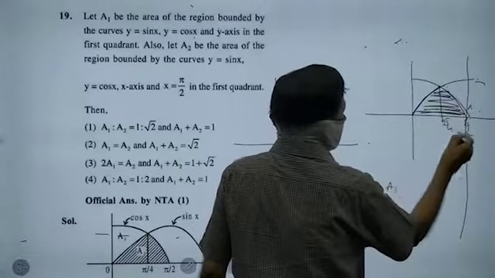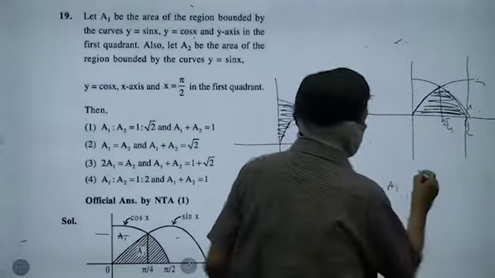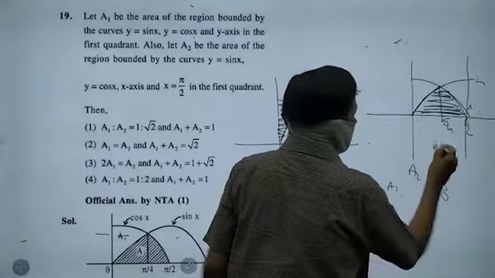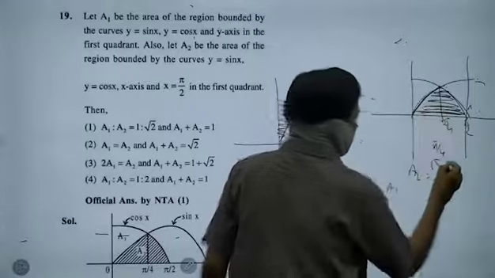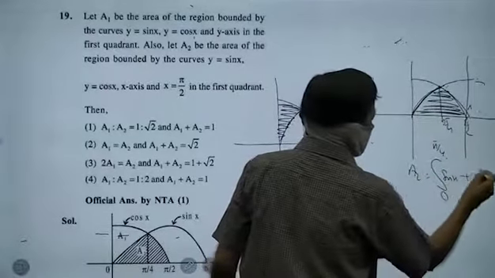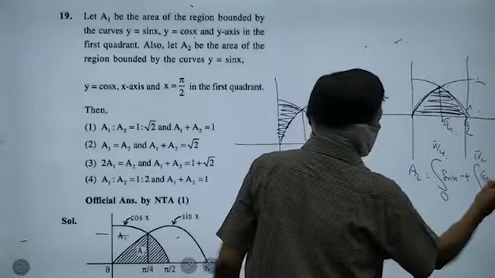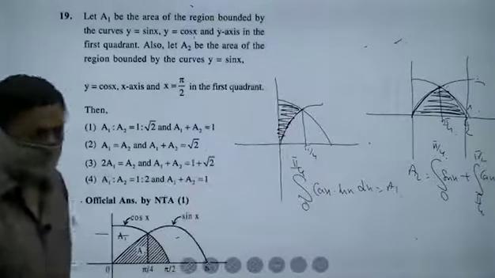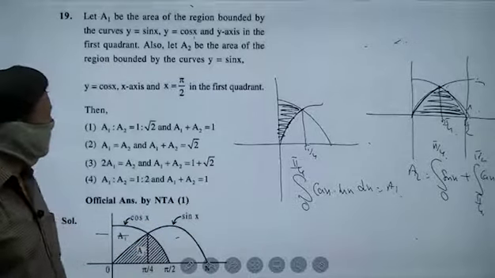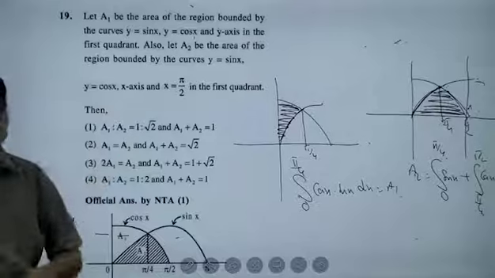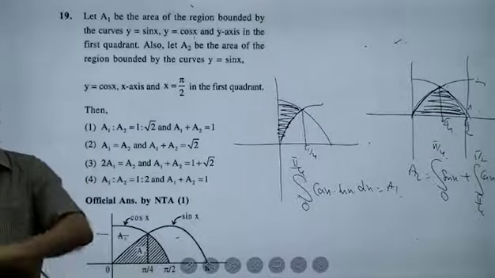This is what? Pi by 4. So what is your A2? Integral 0 to pi by 4 of sin x plus pi by 4 to pi by 2 of cos x. That's A2. So calculate A1 and A2. Check the choices. Come on, do this.